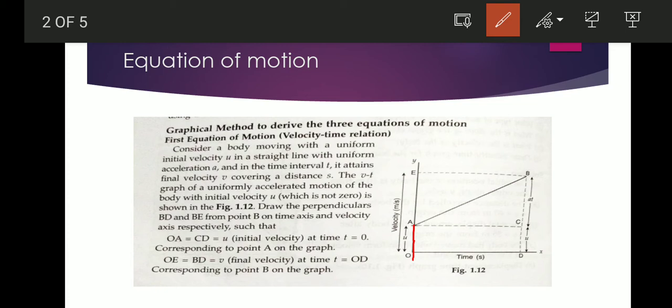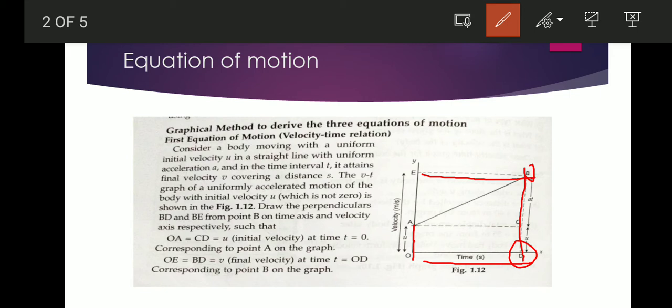That means we have to draw perpendicular lines BD, then BE from point B on time axis. This line is time axis. Then here we have B, and BE. Where is E? Here also you have to draw perpendicular line.